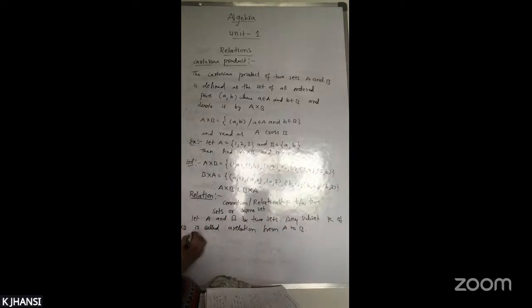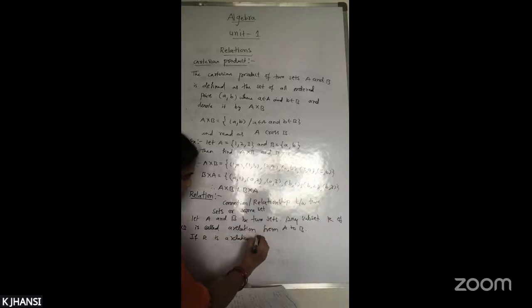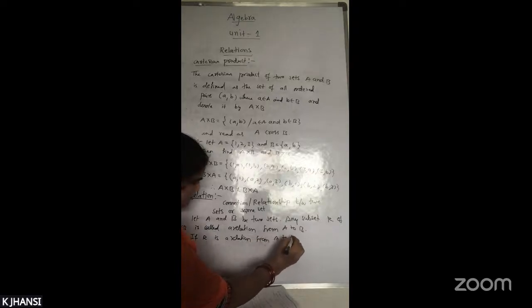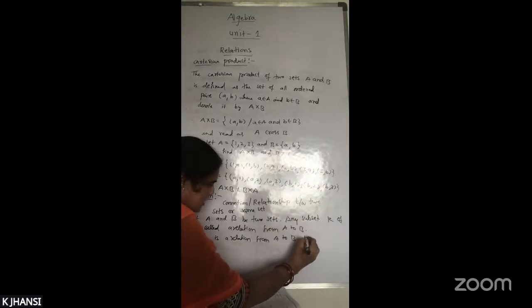If R is a relation from A to B, how do we write it? We write A capital R B, which means A relation B, to denote it.